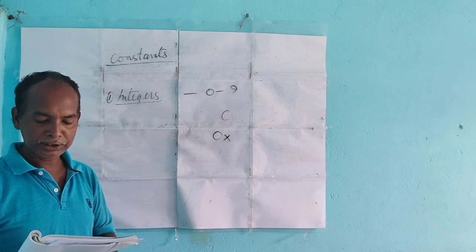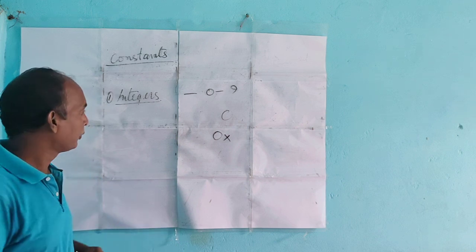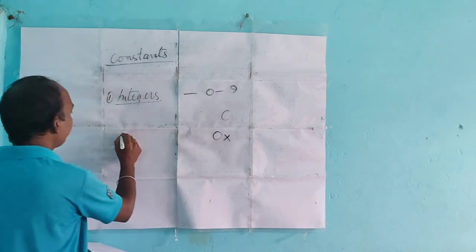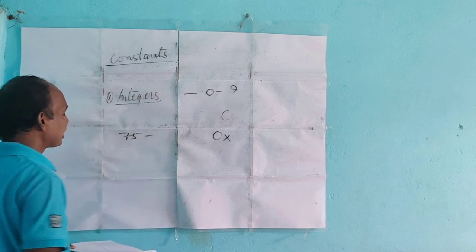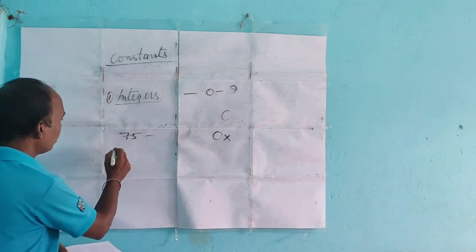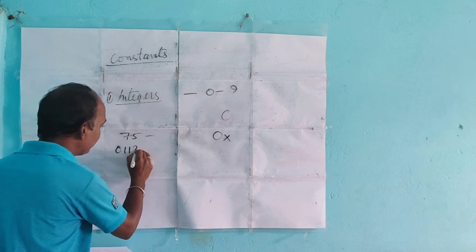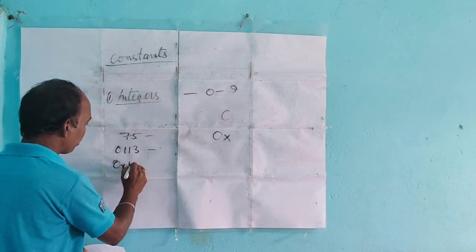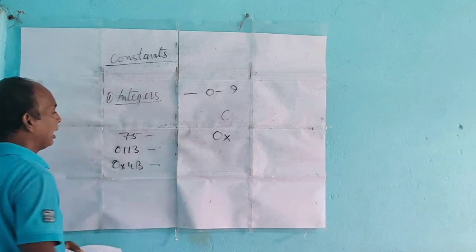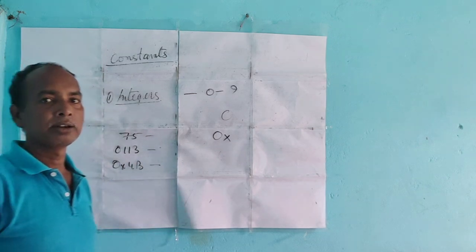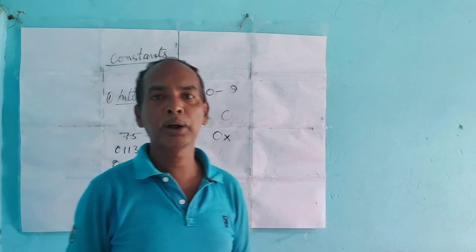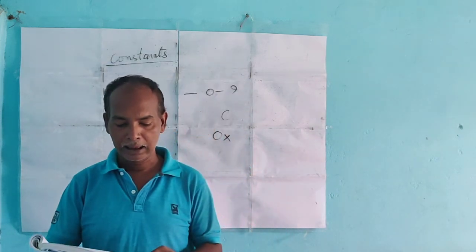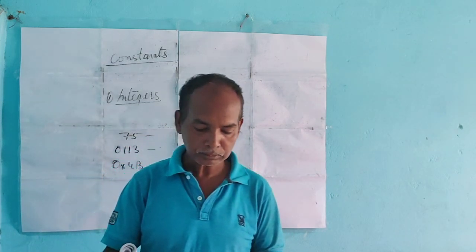The following integer constants are the same. If we use 75, this is a decimal number. If we use 0113, this is an octal number. If we use 0x4B, this is a hexadecimal number. These are three examples of decimal, octal, and hexadecimal numbers.